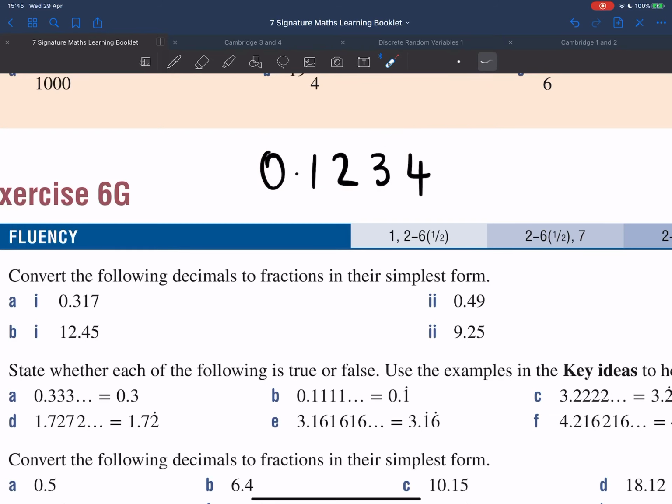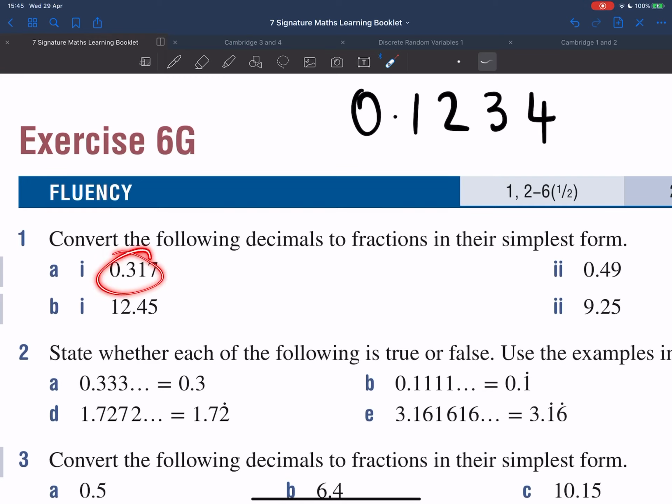So let's have a look at this first one here. Convert this one to fraction. Well, first of all, let's recognize what number it is. It is 0.317, or another way of saying it is 317 thousandths. I know it's thousandths because there's 3 numbers after the decimal, okay?